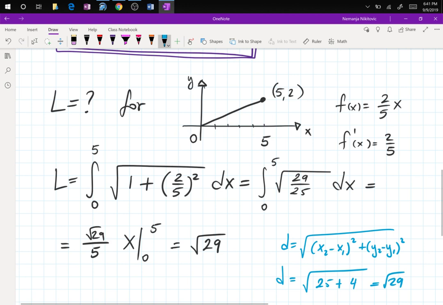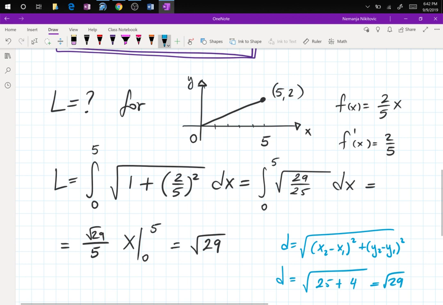When I add 1 to 4 over 25, when I square 2 over 5, I get 4 over 25. And then when I add 1, and 1 is 25 over 25, 25 plus 4 is 29 over 25.